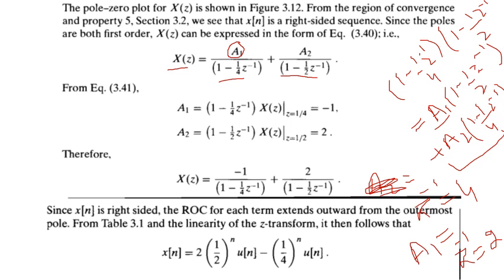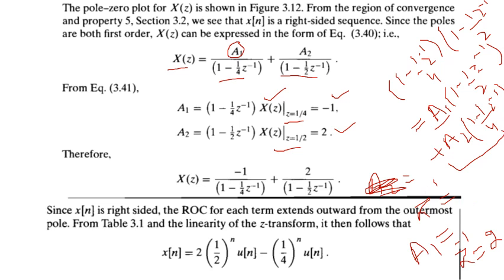So this X(z) is basically the whole expression that you had previously. In the previous slide you can see X(z) was equal to 1 divided by (1 minus 1/4 z inverse) into (1 minus 1/2 z inverse). So evaluating this at z equal to 1/4, we can find out a1, and evaluating this at z equal to 1/2, we can find out a2.